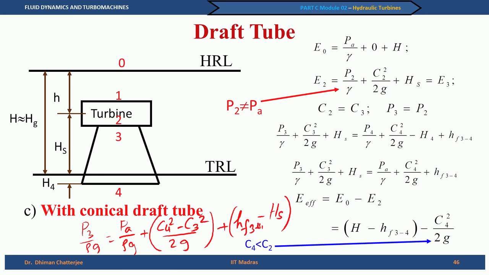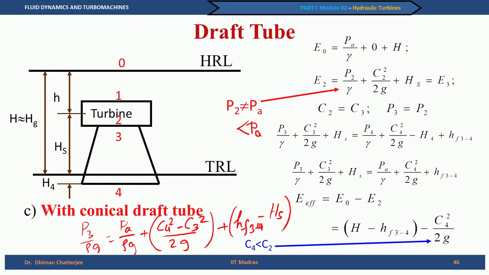Similarly, Hf34 is less than Hs and hence this term is also negative. What it shows is that P2 is not equal to Pa, P2 is actually less than Pa. So, what we have created effectively is a point where the pressure difference across the turbine has increased. So, this is beneficial for the turbine operation and hence the reaction turbines always have a draft tube.